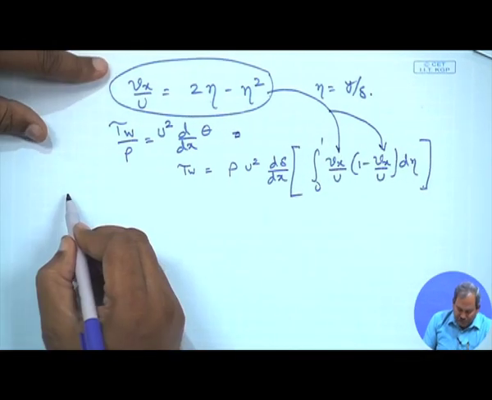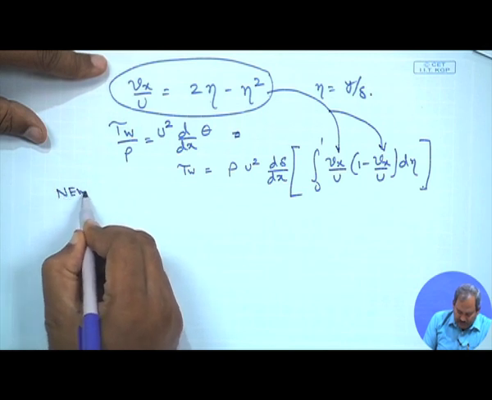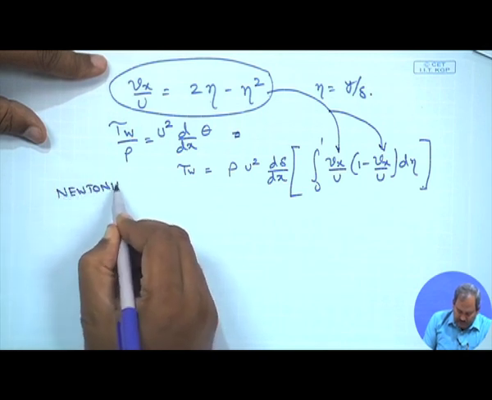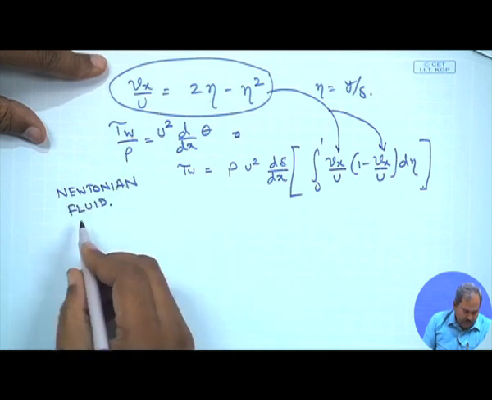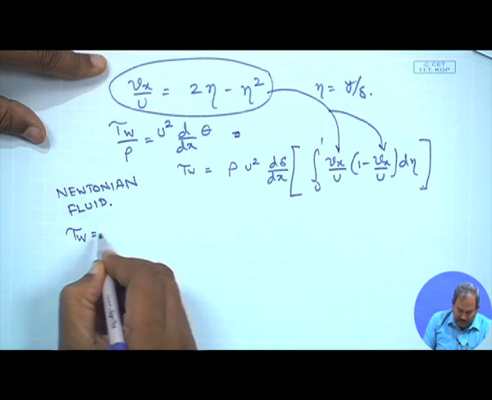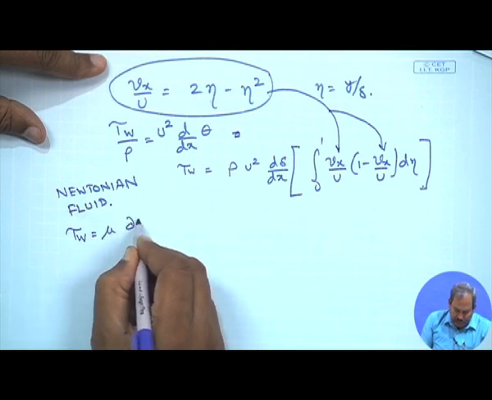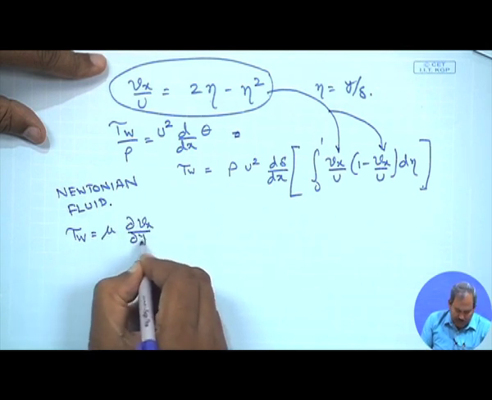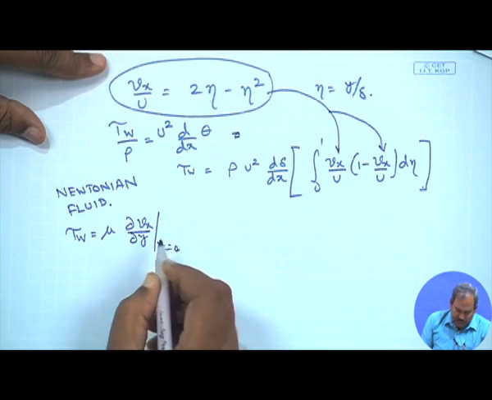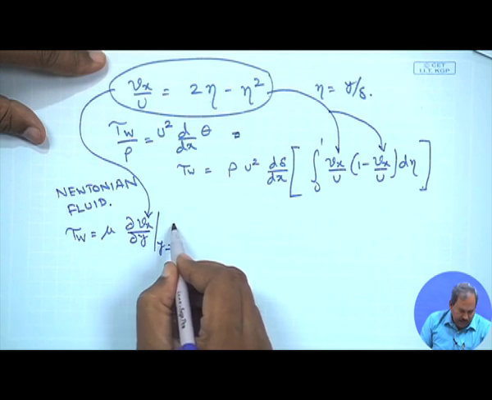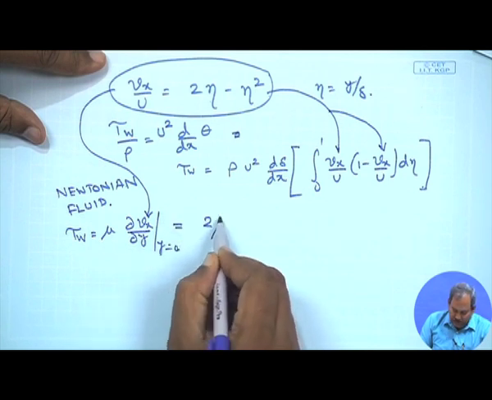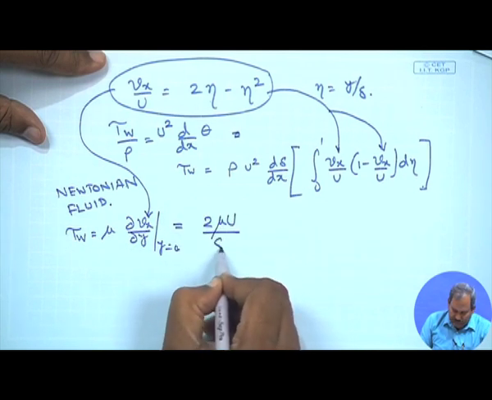I assume that it is a Newtonian fluid. If it is a Newtonian fluid, then tau w is simply going to be mu del Vx del y at y equals 0. When you use this over here, you would simply get 2 mu u by delta.